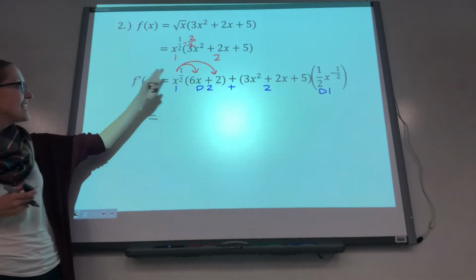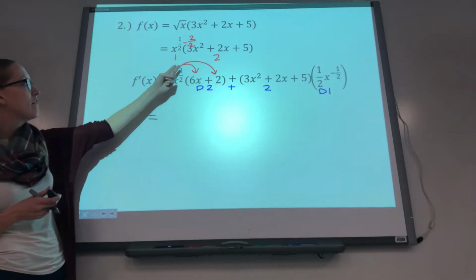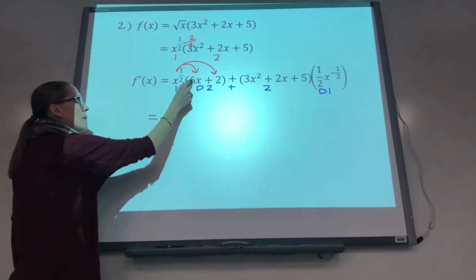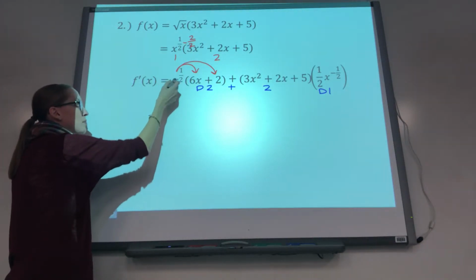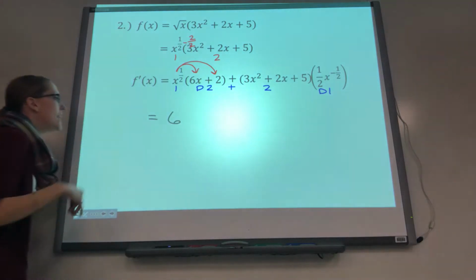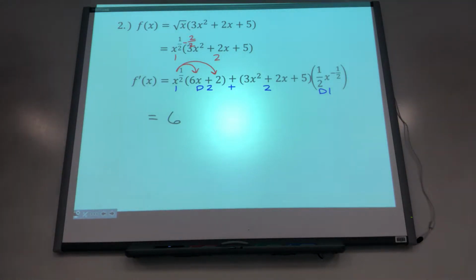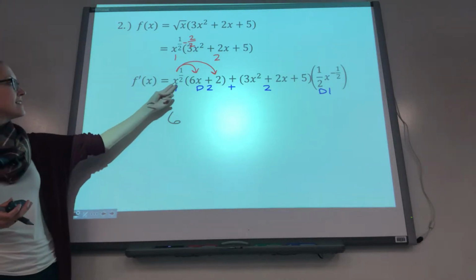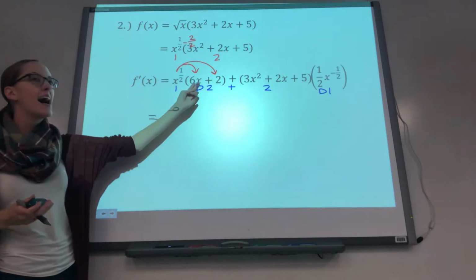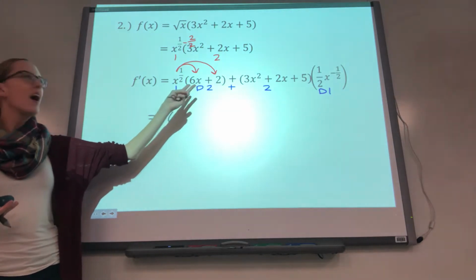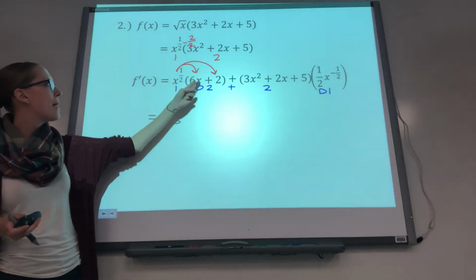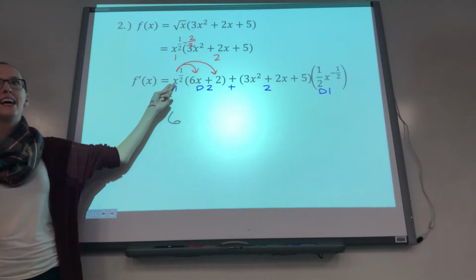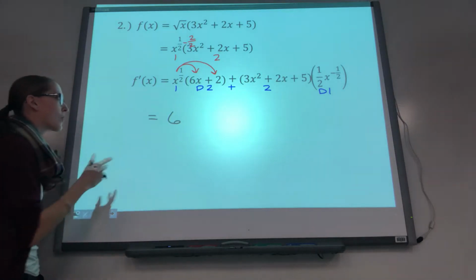When I take x to the 1/2 times 6x, first of all, the 6 would get multiplied by a 1 right there, but it would just stay 6. Now I have to take x to the 1/2 times x. What are we supposed to do with our powers when we multiply with the same base? Add our powers.